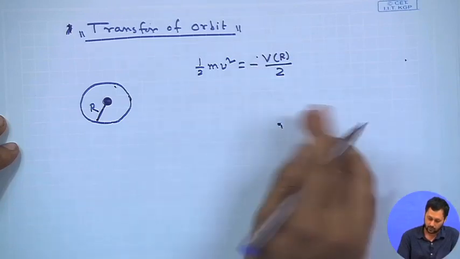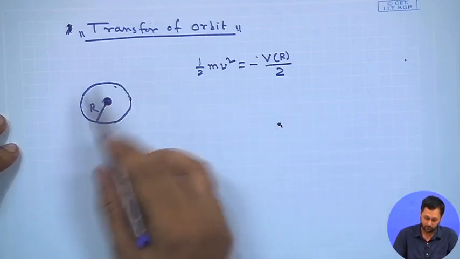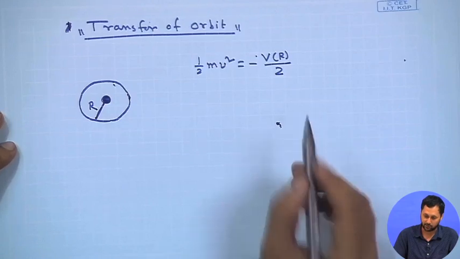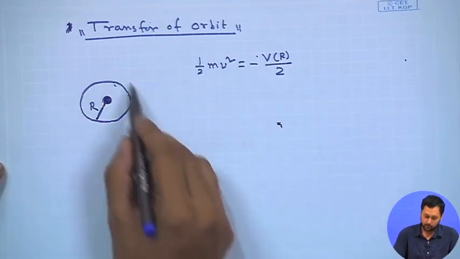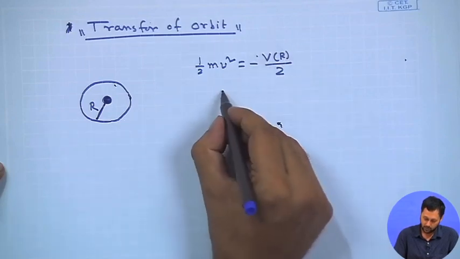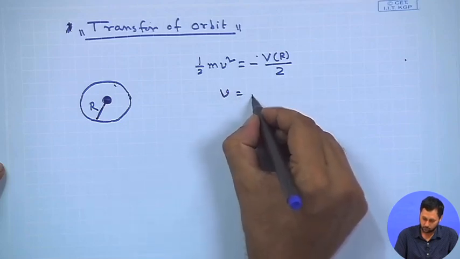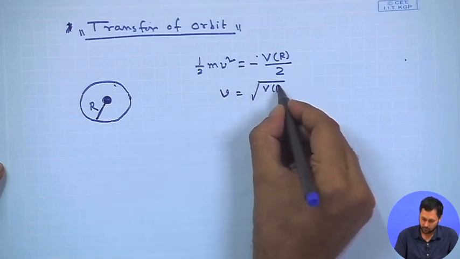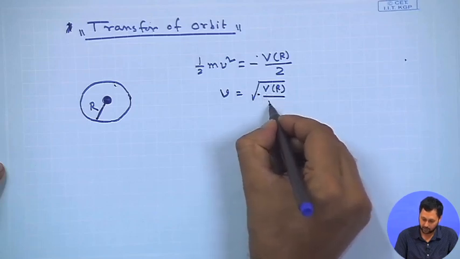This is not very important to understand the nature of orbit transfer, but I wanted to discuss this briefly. This happens because in a circular orbit, the total energy is given by minus V of r by 2, and this will give you a velocity v equal to root of minus V of r by m.